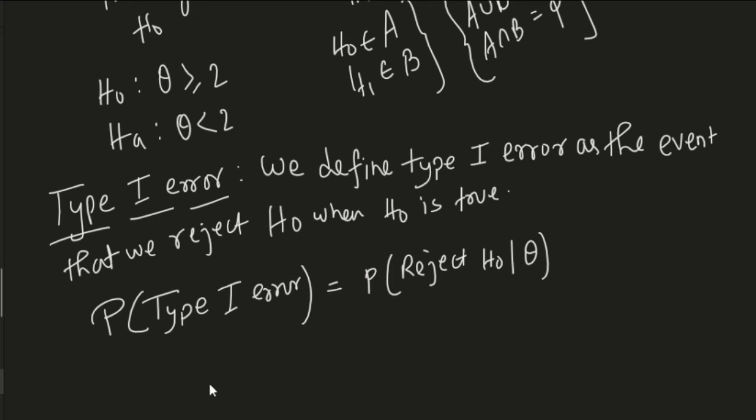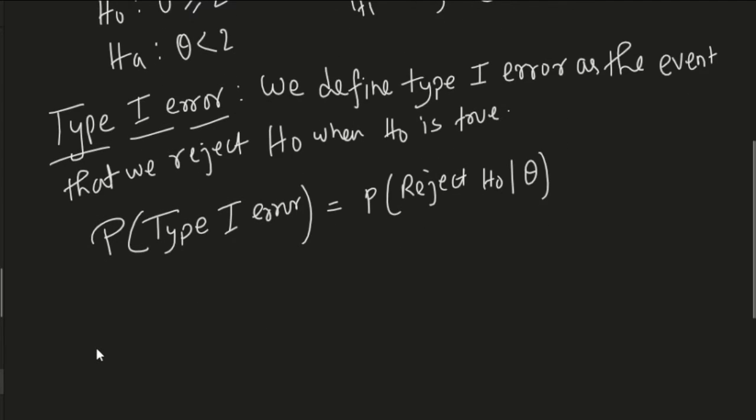Now, one more thing is the level of significance, or significance level, which is usually denoted by alpha. So we set a significance level beforehand for our test.